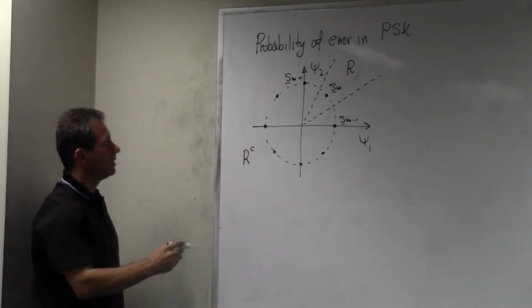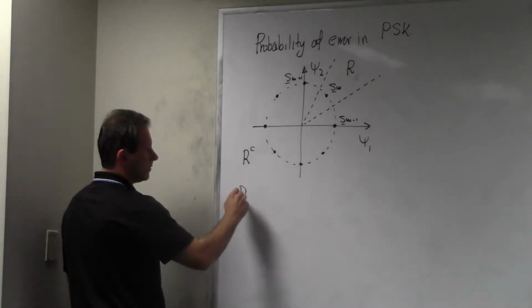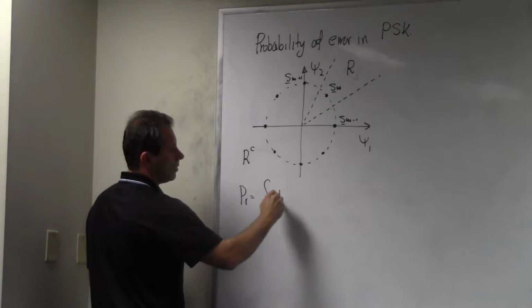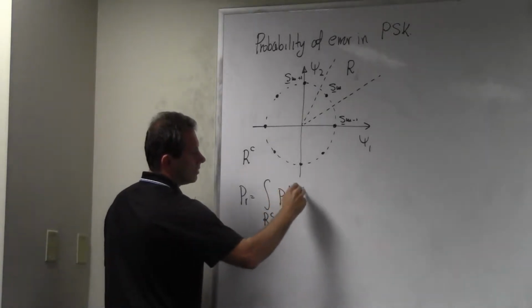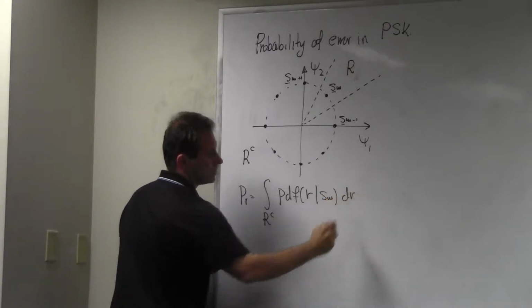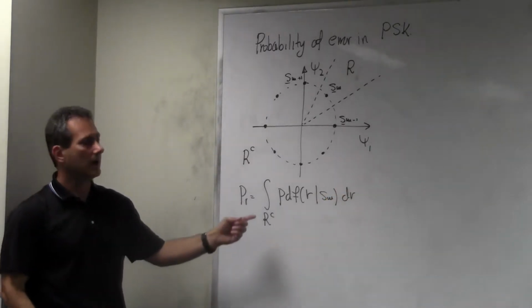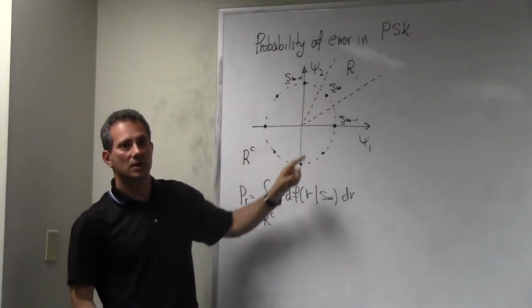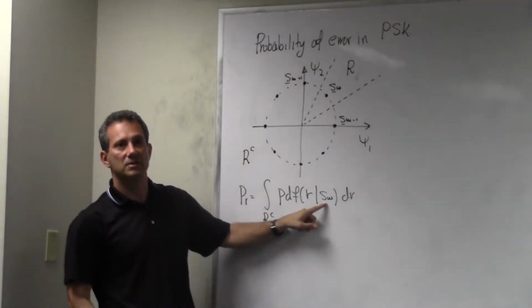So what is the probability of error? The probability of error is going to be an integral over R complement of the PDF of R given that Sn has been sent. That is the probability density function of the received symbols under the condition that Sn has been sent.